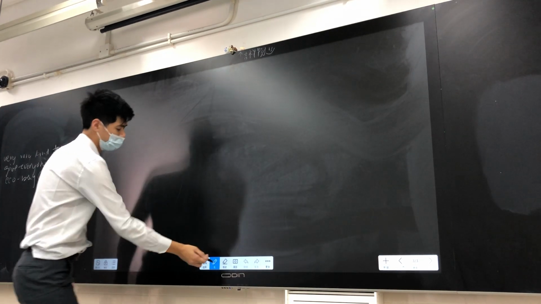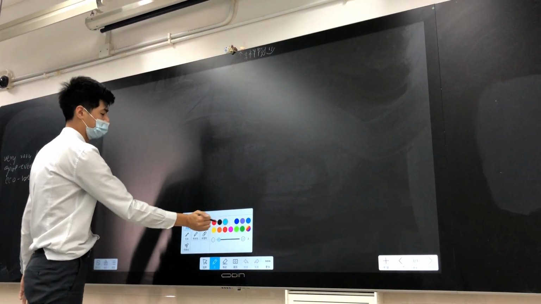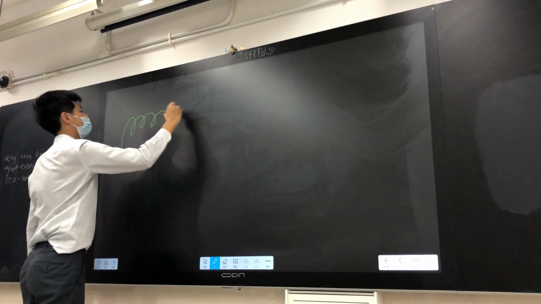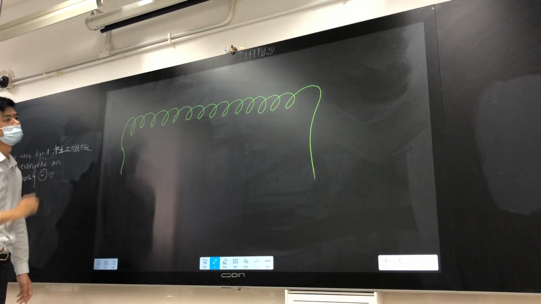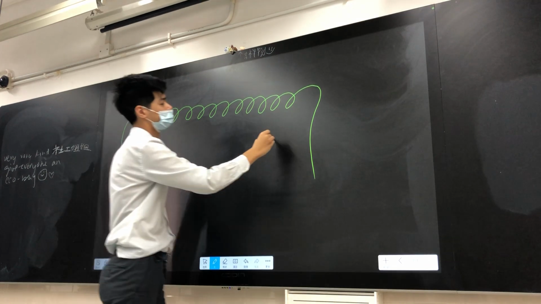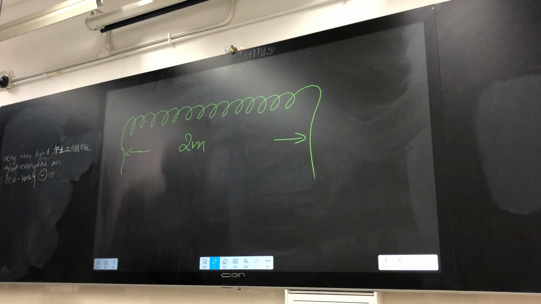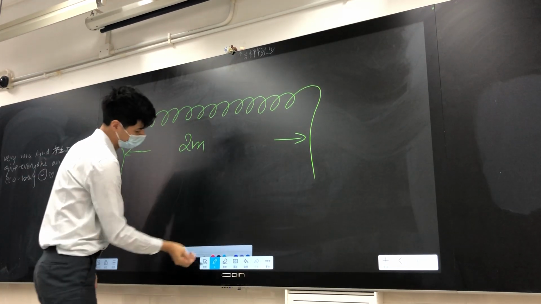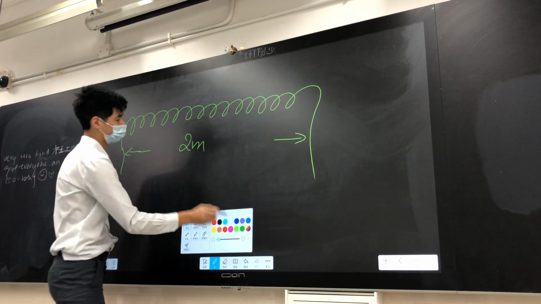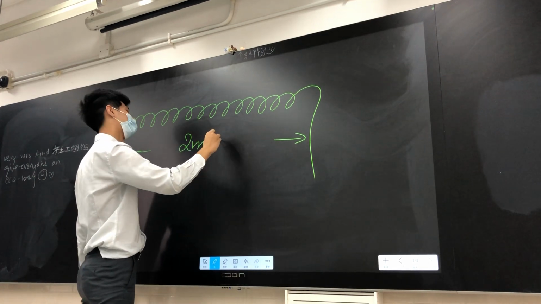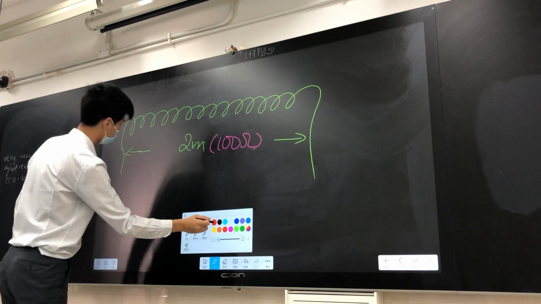Okay, so now if we have something like the variable resistor, which means there is lots of wire. So this is the variable resistor. If the length of this variable resistor is 2 meters, and the total resistance of this device is 100 ohm, now we connect the device like this.